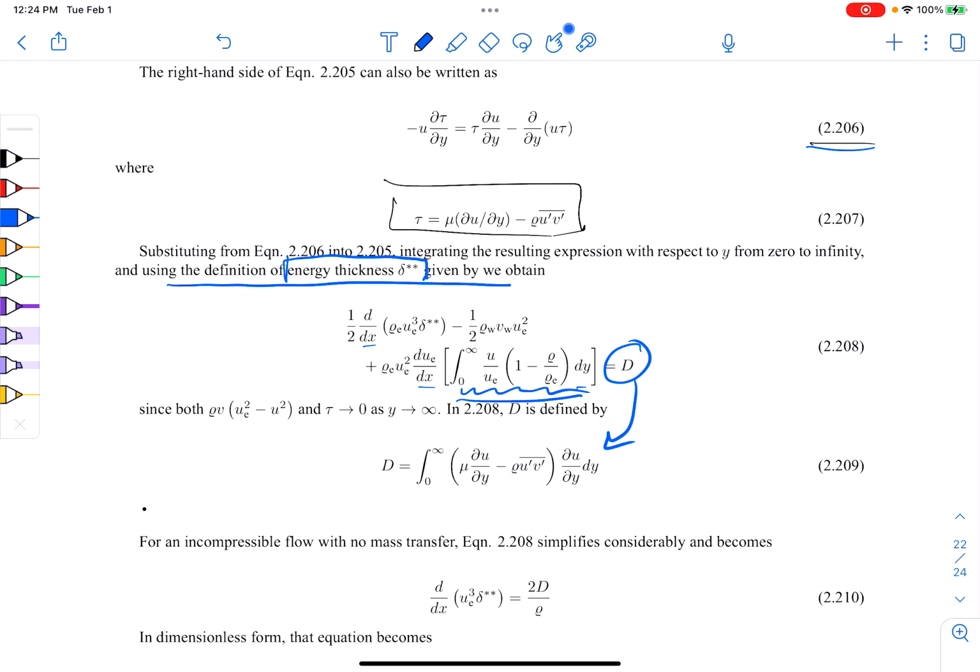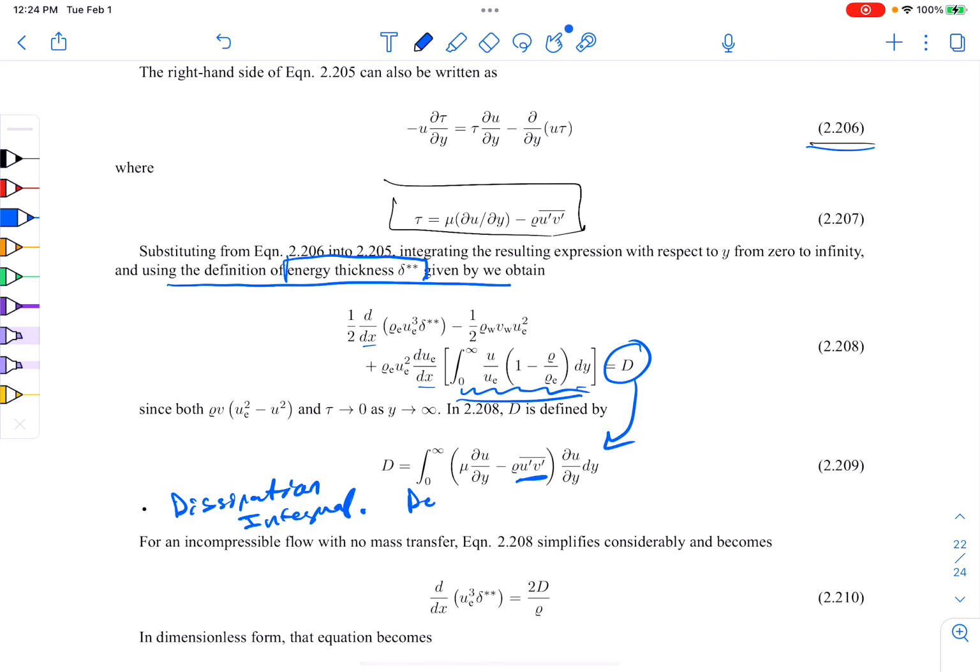And what does that mean? Well, here's an observation. This is what we call the dissipation integral. It's probably called the dissipation integral because it has something to do with energy, right? U prime V prime, which is a Reynolds-stress term. And what does it mean?